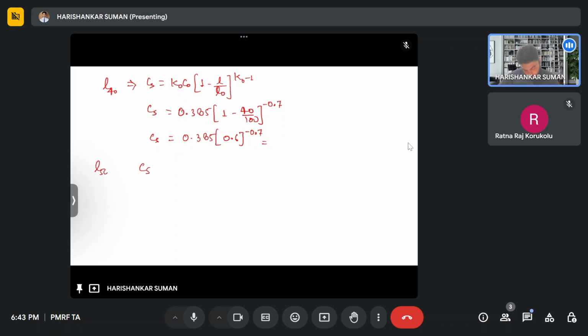Similarly, for L50, let me write, also 10 to the power 17. So it will be the same. Please calculate L60, and L70.